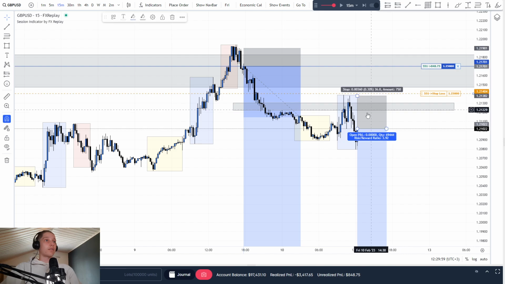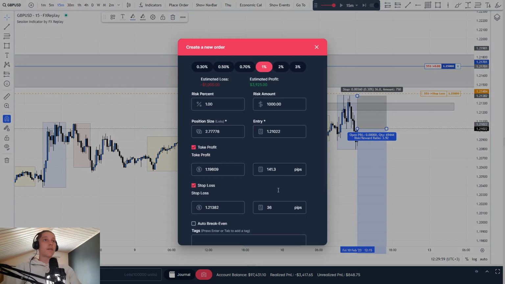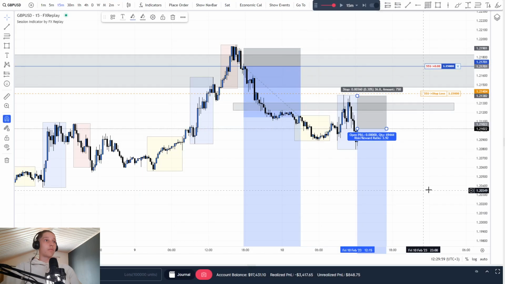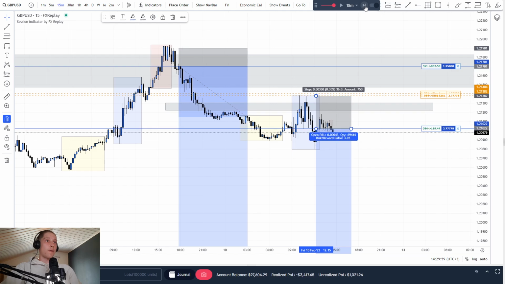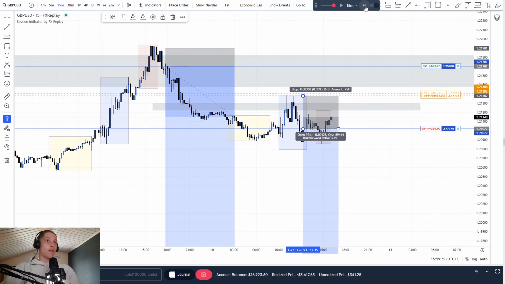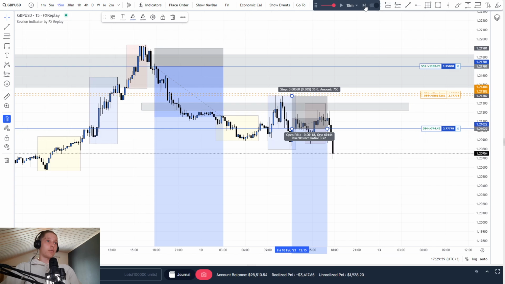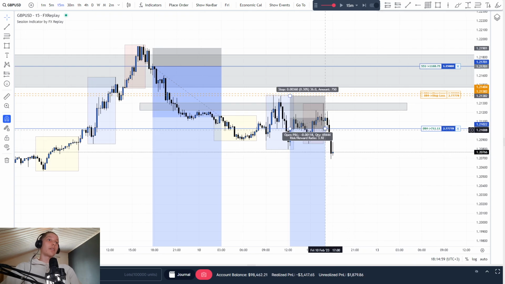Let's try to have something like this. The old stop trailing. Okay, I don't like this action at all. You start to break lower.